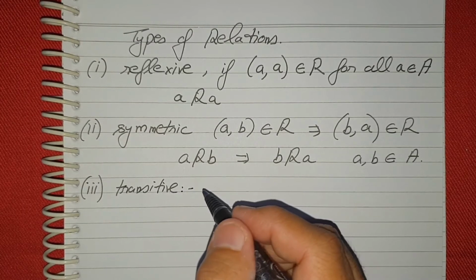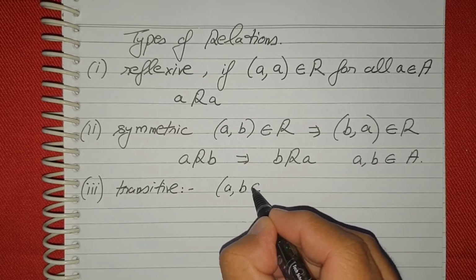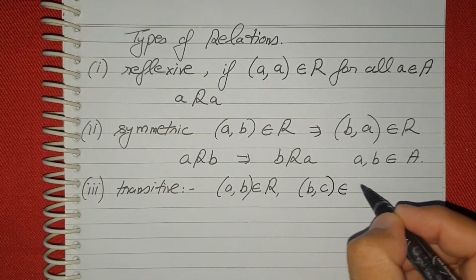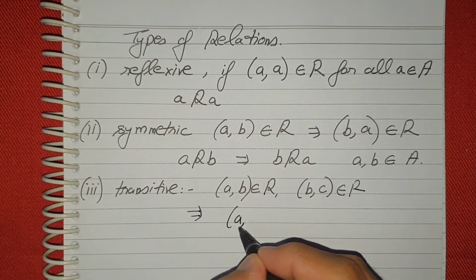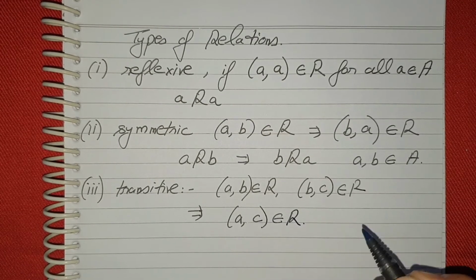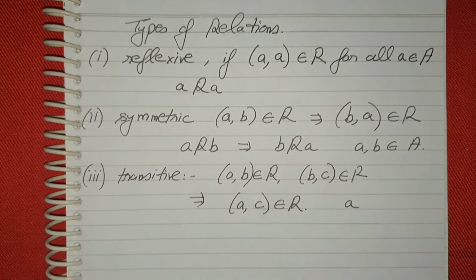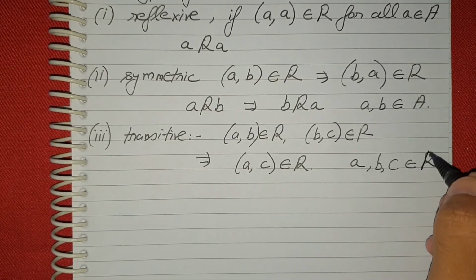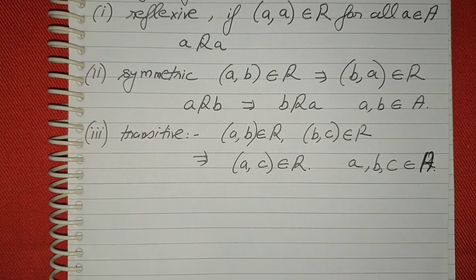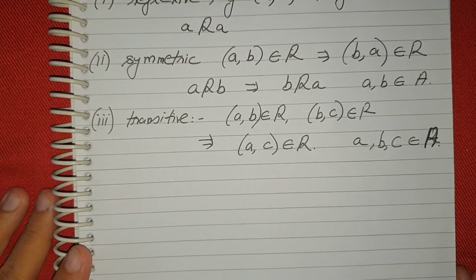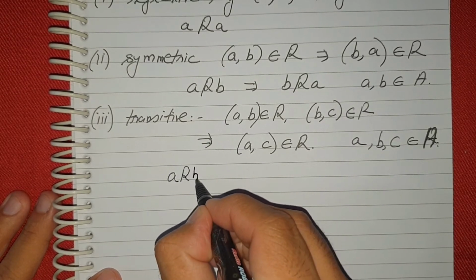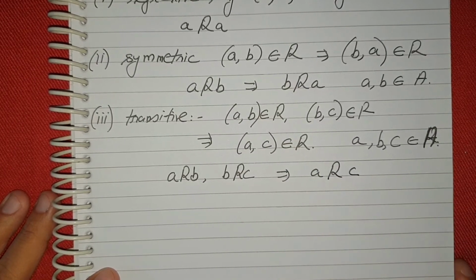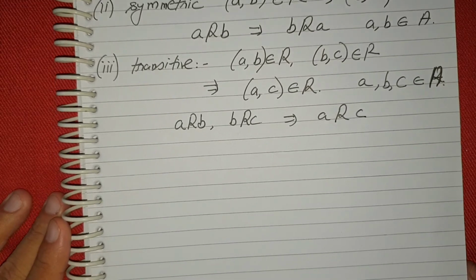Now in this case, if (A, B) belongs to R and (B, C) belongs to R, this implies that (A, C) belongs to R for all A, B, C belongs to set A. This is a transitive relation, or in short we can write if A is related to B and B is related to C, this implies A is related to C.